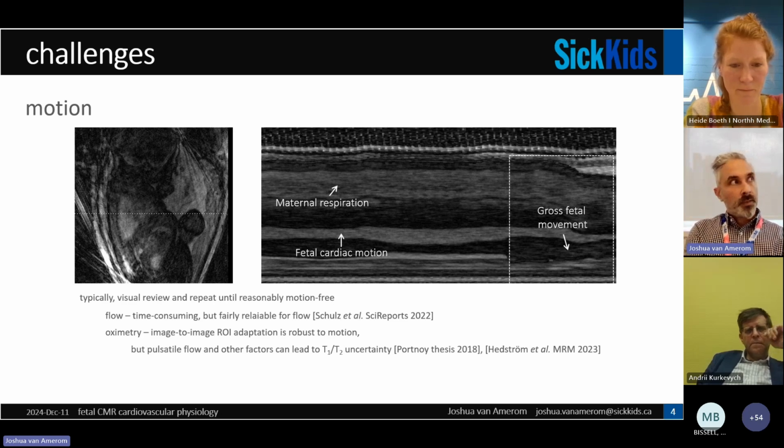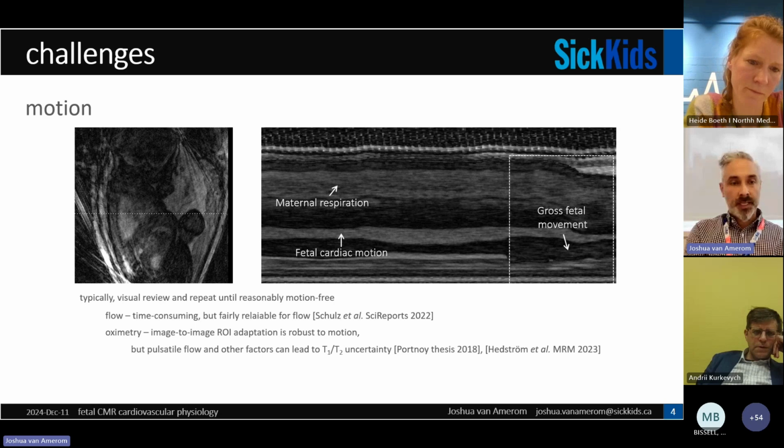And if you aren't accounting for that, then that's going to end up in blur or artifact within your reconstructed images. For flow, while it's time consuming, it's actually fairly reliable to look at image quality and screen for motion artifact, do a visual assessment and repeat the measurements, as annoying as it can be to find that vessel again.